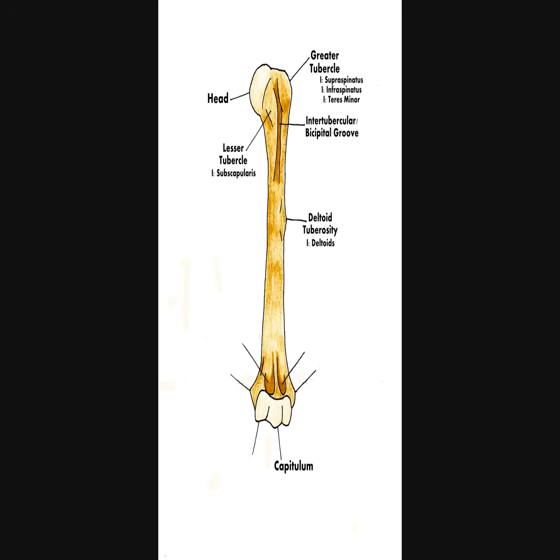This condyle is called the trochlea. The coronoid process of the ulna wraps around the trochlea, and that's what makes the elbow joint.